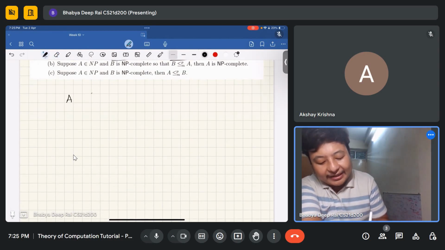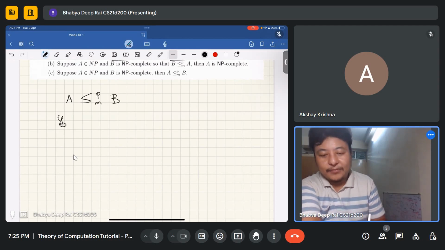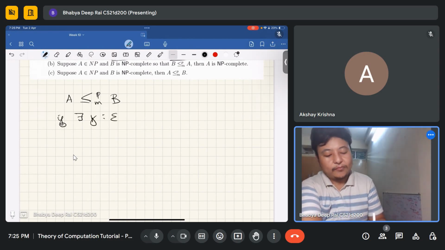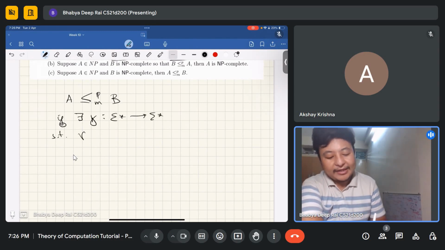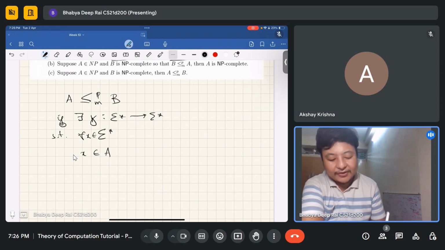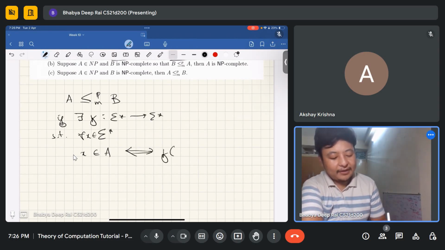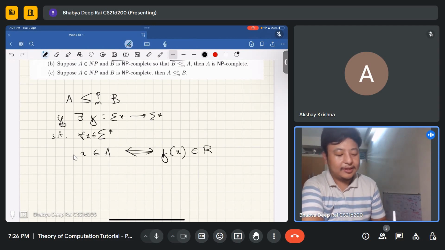We say that A polynomial time many one reduces to B if there exists a transformation F such that for any X in sigma star, any input, checking whether X belongs to the first language is as good as checking whether F of X belongs to the other language.